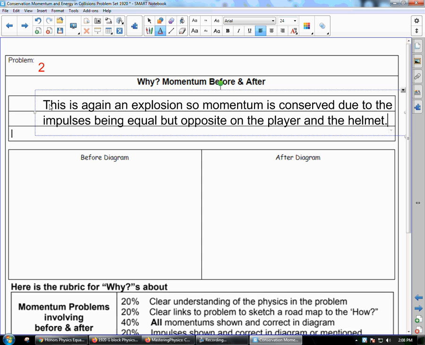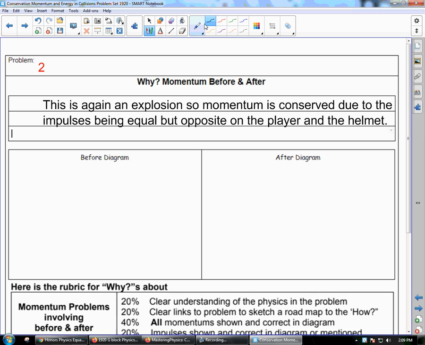Because remember, I could either draw in the impulses or I could just talk about them. But this time I just talk about them. But I showed that I understand that impulses always come in pairs. They're always equal and opposite.